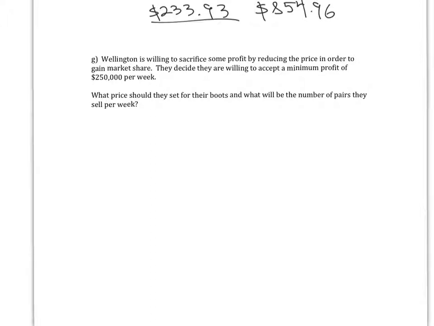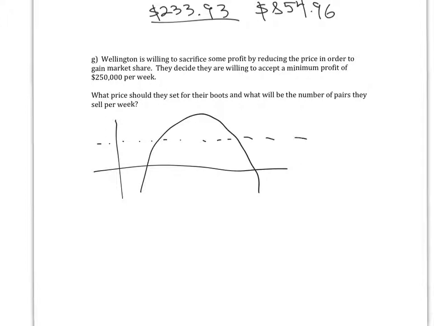So basically what we're asking is, if we think about our function looking like this, we're saying if we want to be somewhere above here, where this line is equal to y equals $250,000, then what's the x value right there and right there, and how many pairs of boots does that represent?